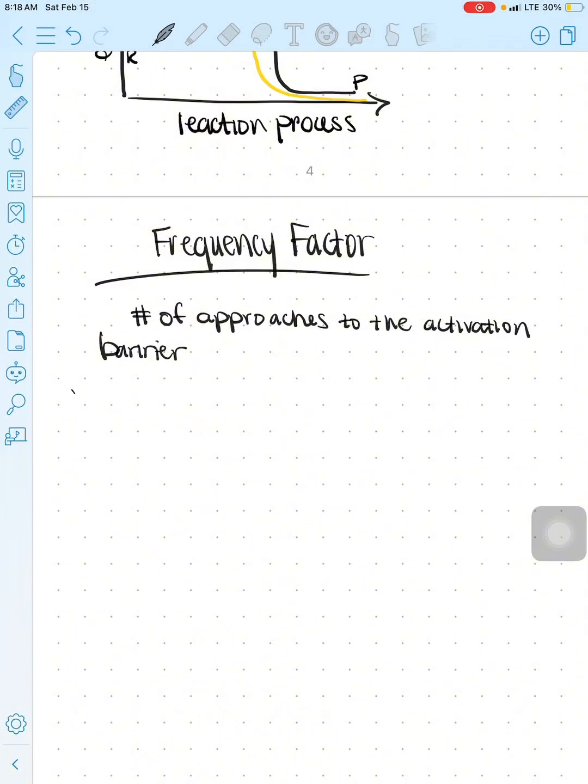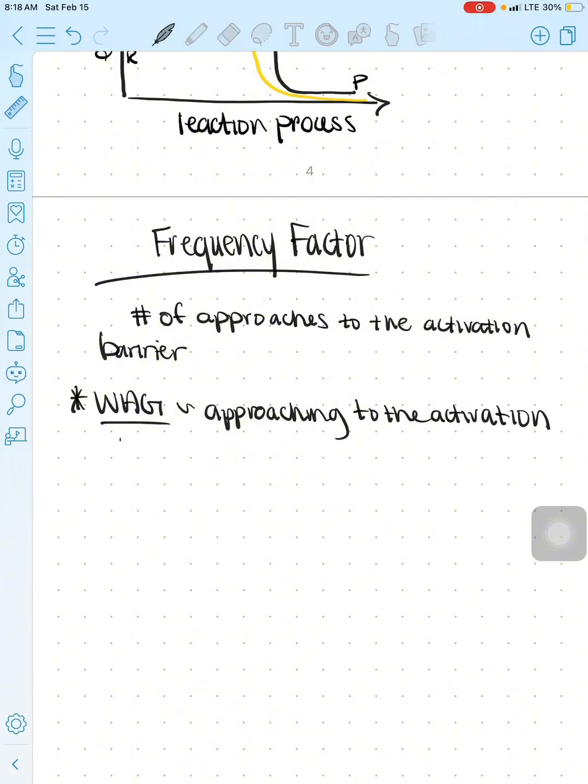And there's something important called a wag, the actual approaching of the activation barrier. An important part to remember is that a lot of these do not have enough energy to get over the barrier.